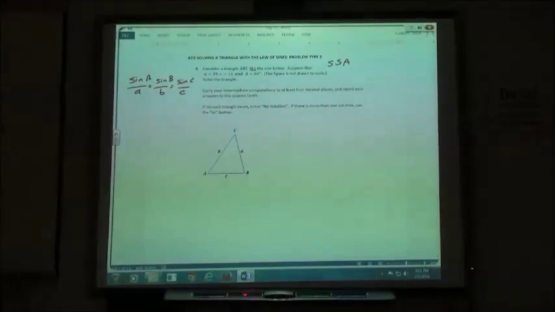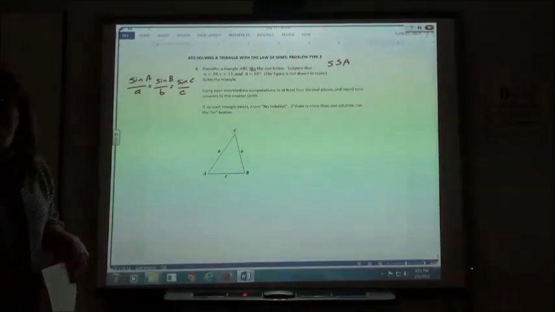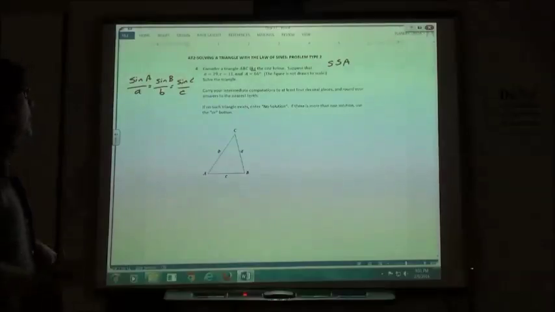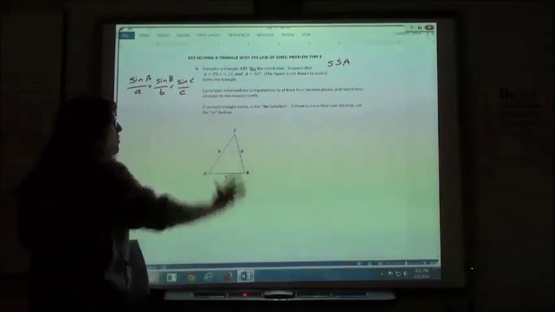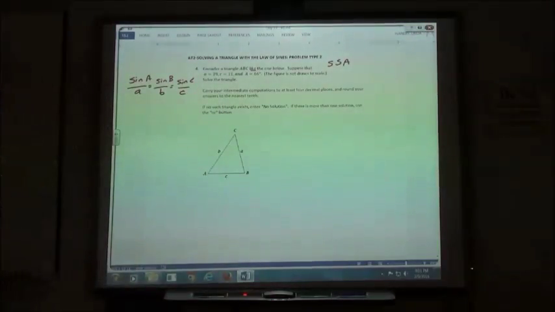And when we have a situation like that, we could just have one triangle that works, we might have two triangles that work, or we might have no triangles that work. So before I go about doing all my solving, we need a few notes about how do I figure out, do I have one triangle, no triangles, or two triangles?